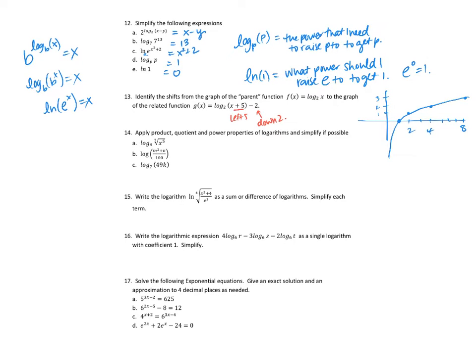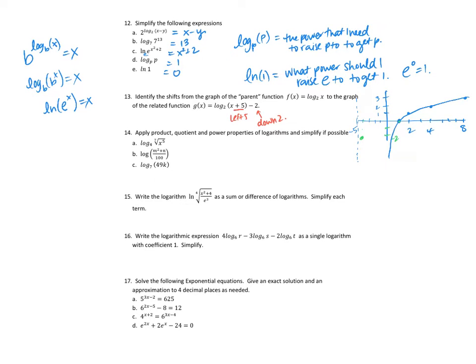Okay, so let's think about these shifts. We'll do it with green. I'm going to go to the left 5. So we'll mark out 1, 2, 3, 4, 5. Negative 5 is going to be my new asymptote. And then I want to go down 2. So if I go 1, 2, 3, 4, 5 over and down 2, it'll be here. This point has shifted over there.